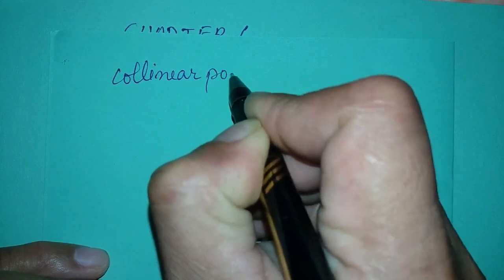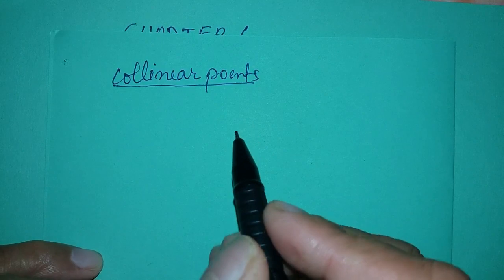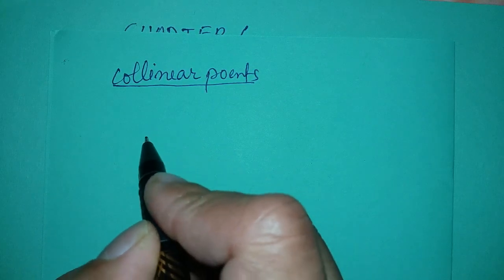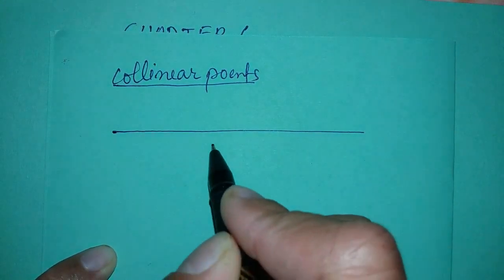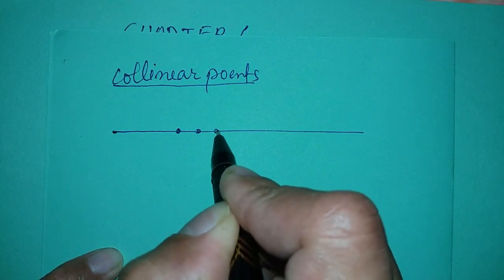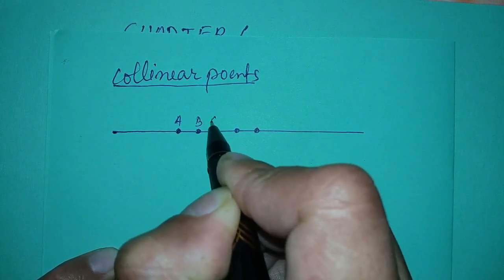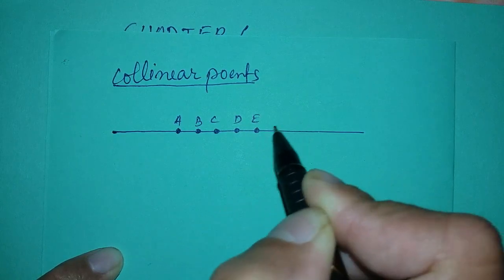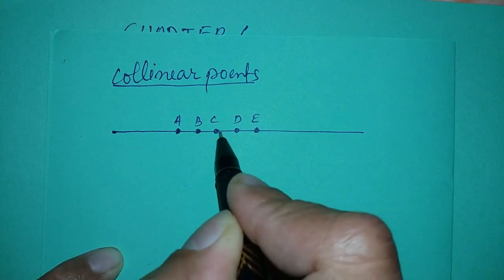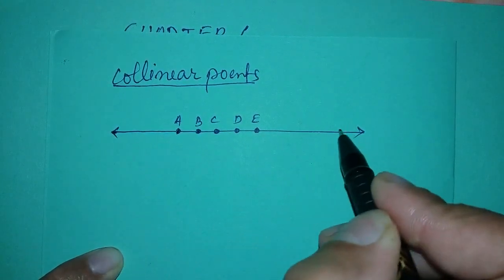Now let's see collinear points. Points lying on the same straight line are said to be collinear points. Let's take some points here, let's say this is A, B, C, D, E. Now all these points, as you can see, lie on the same straight line.